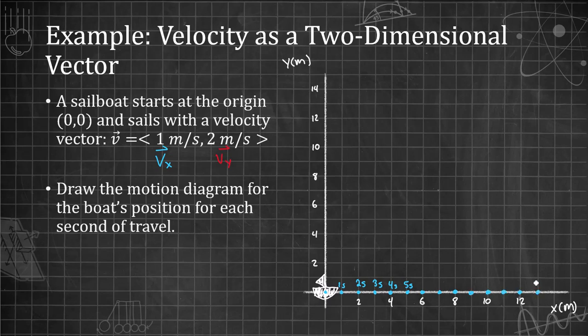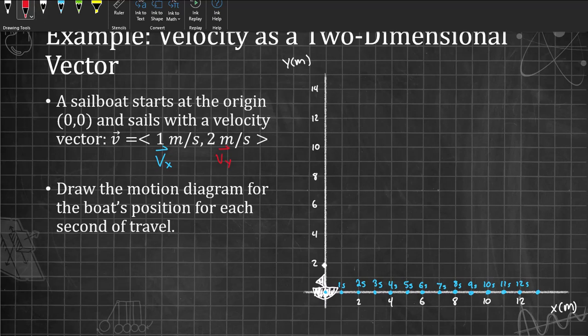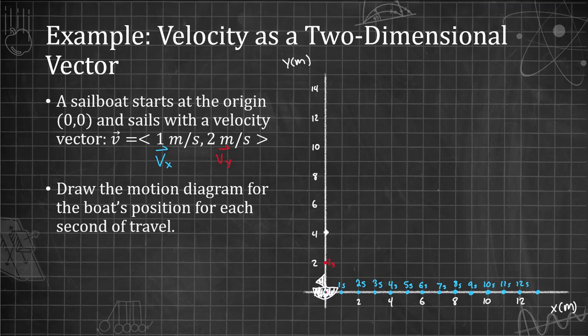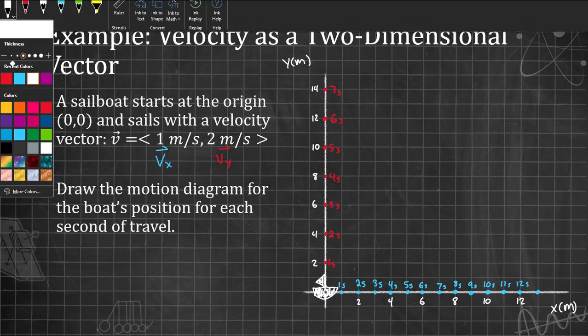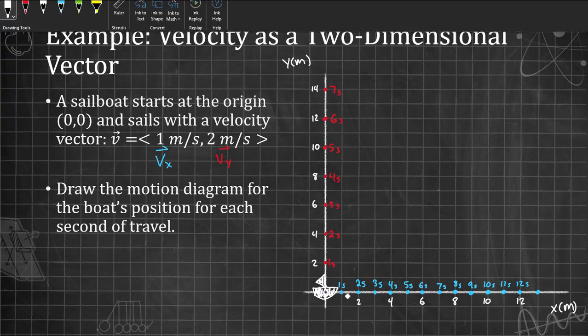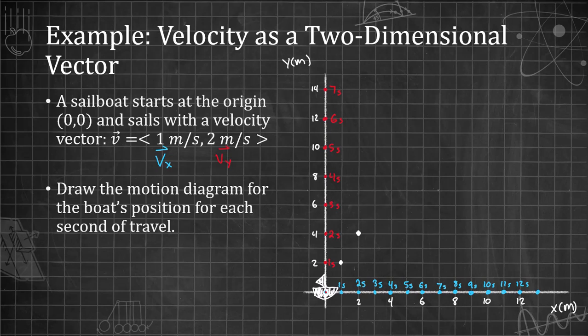We want to draw a motion diagram showing the boat's overall position at each second of travel. We're going to do this by showing where the boat is going to be in the x direction, then in the vertical direction, and then we'll use those to figure out where it is out in the coordinate plane. We see here that the vertical position and the horizontal position are all marked with their timestamps.